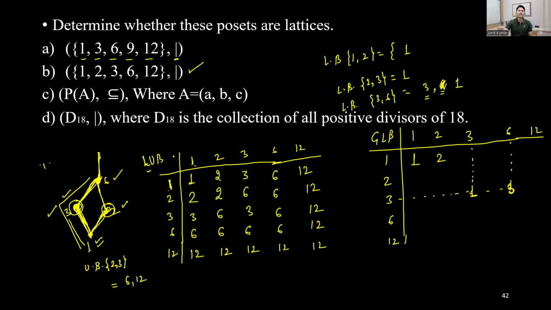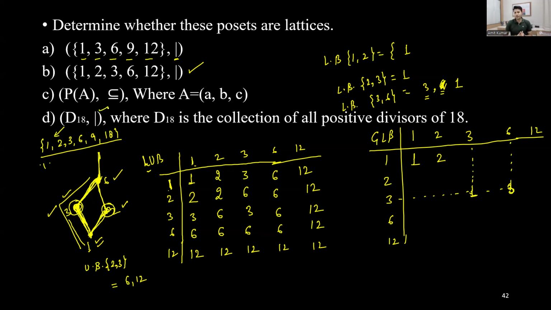D18 is basically the collection of all positive divisors of 18. So what are the divisors of 18? 1, 2, 3, 6, then 9, then 18. These are the elements, and the operation is divisibility.